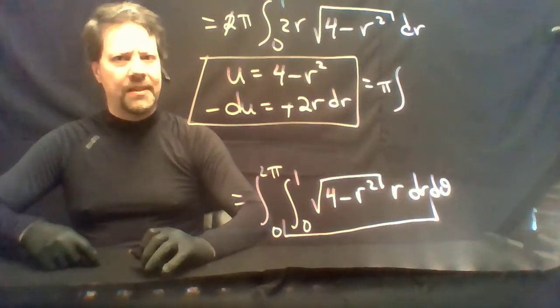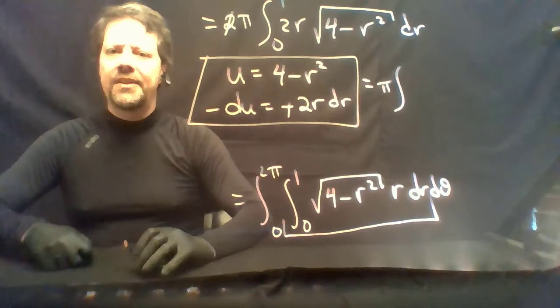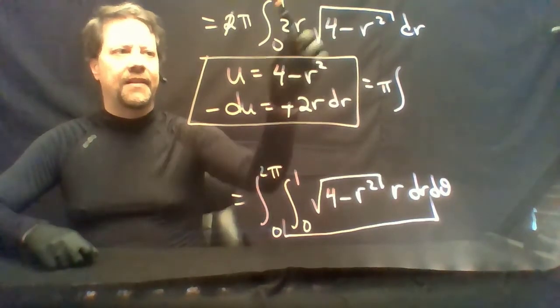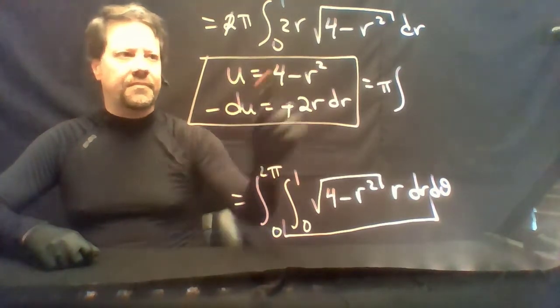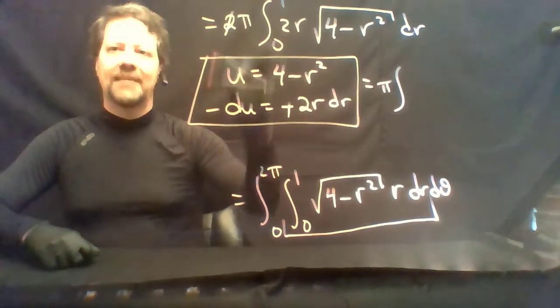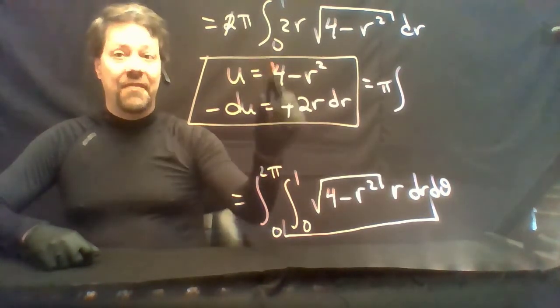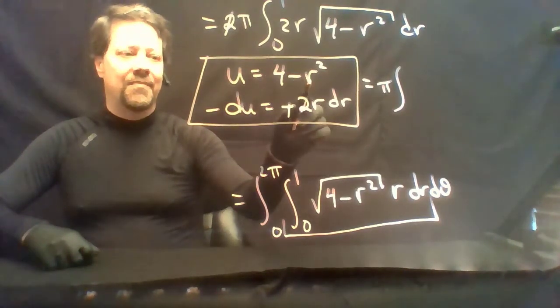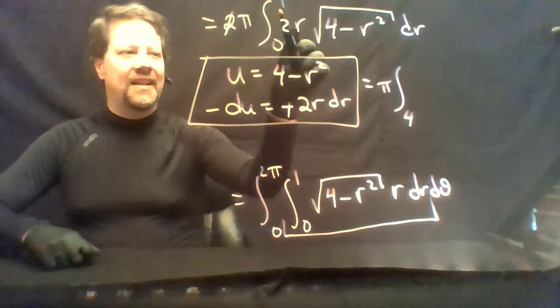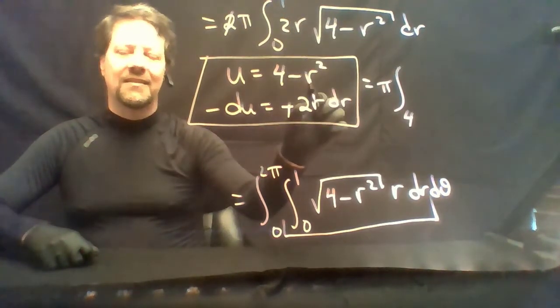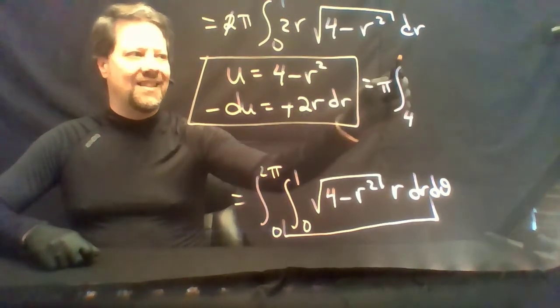I'm going to switch the limits of integration. I like to do this whenever I have a definite integral and I'm using the method of substitution. If r is equal to 0, then u is equal to 4. And if r is equal to 1, then u is equal to 3.